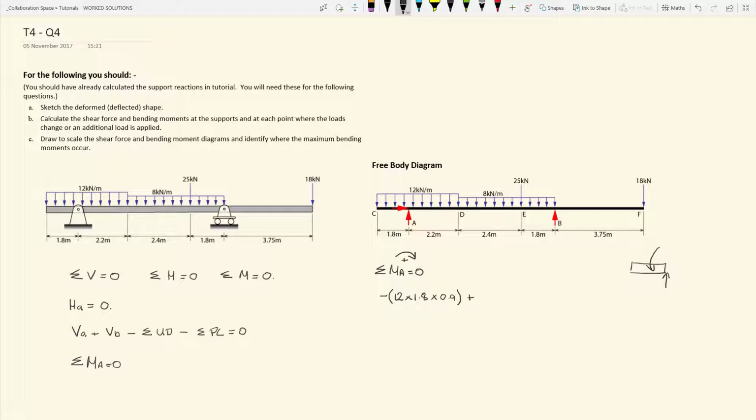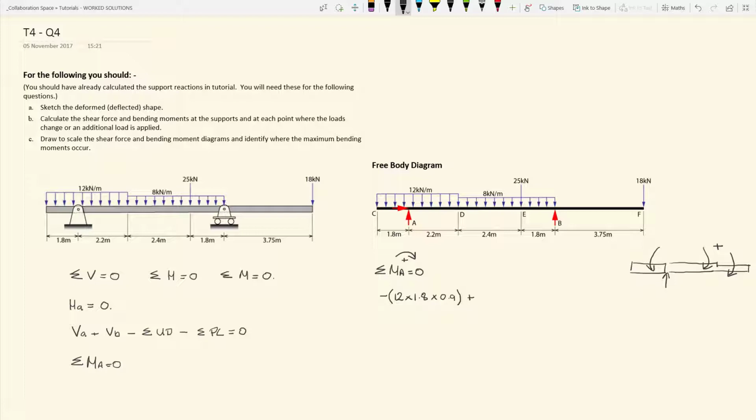plus, now the next part is positive because we're now considering the UD load acting to the right of the beam, and we have two of those. So we've got the 12 kilonewtons per meter and the 8 kilonewtons per meter. Both of those act in a clockwise direction, so they are going to be considered as being positive.